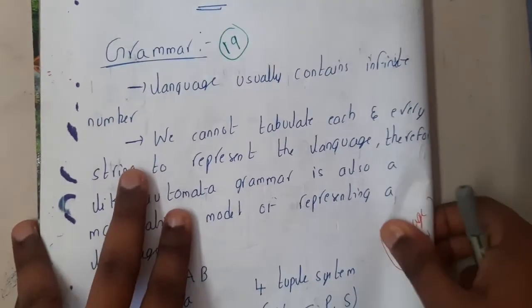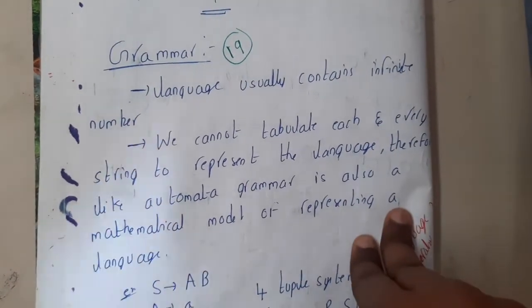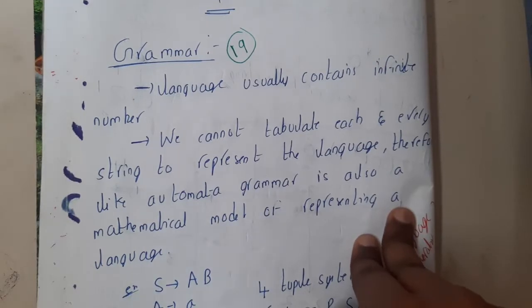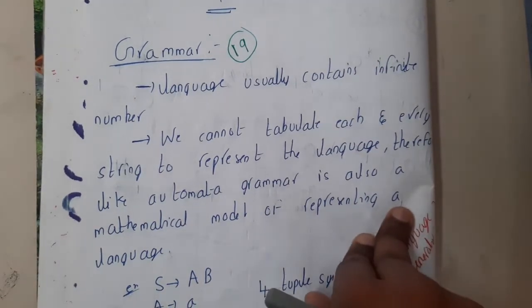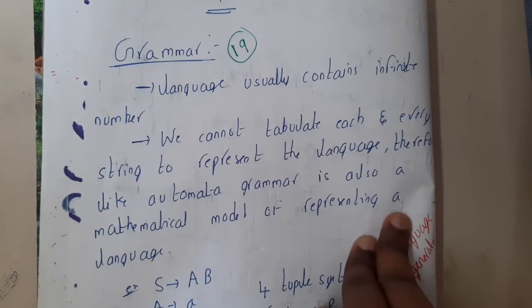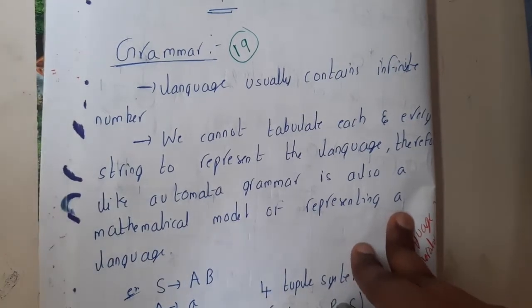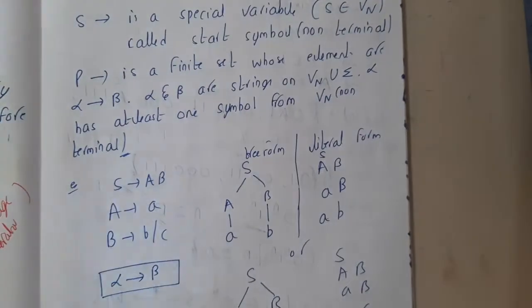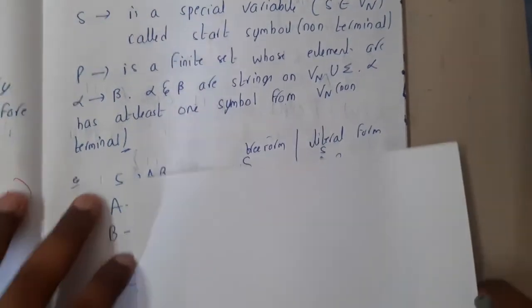Before going into all those things, first we should understand what exactly a grammar is, right? So instead of directly going through the theoretical approach, let me solve a question so that you will understand what exactly I mean by grammar. Assume that the given question is this.